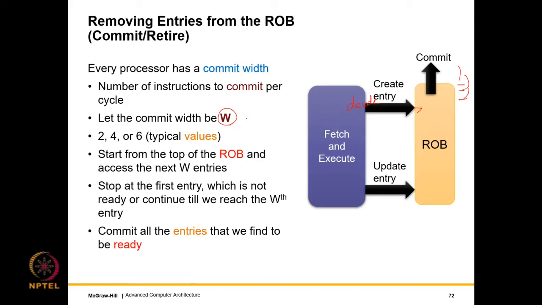So what we do is that we inspect the earliest. If that is ready, well, we just remove it. If it's not ready, we don't do anything. We stop there. Then we inspect the next one, the second earliest. If that's ready, we remove it. If not, we stop there. So on and so forth until we reach the limit, which is the commit width.